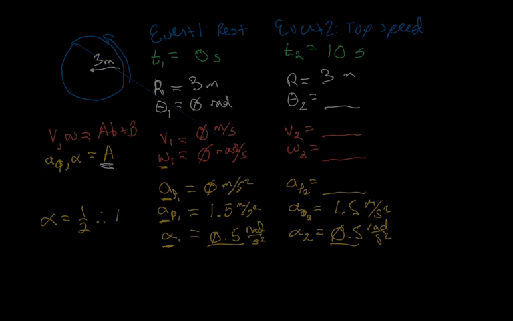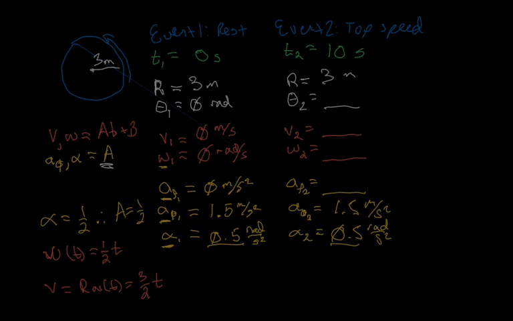Therefore, our coefficient A is 1/2. And that would translate into omega of t would be 1/2 t. The velocity function would then be r times omega of t, which would look like 3/2 t.